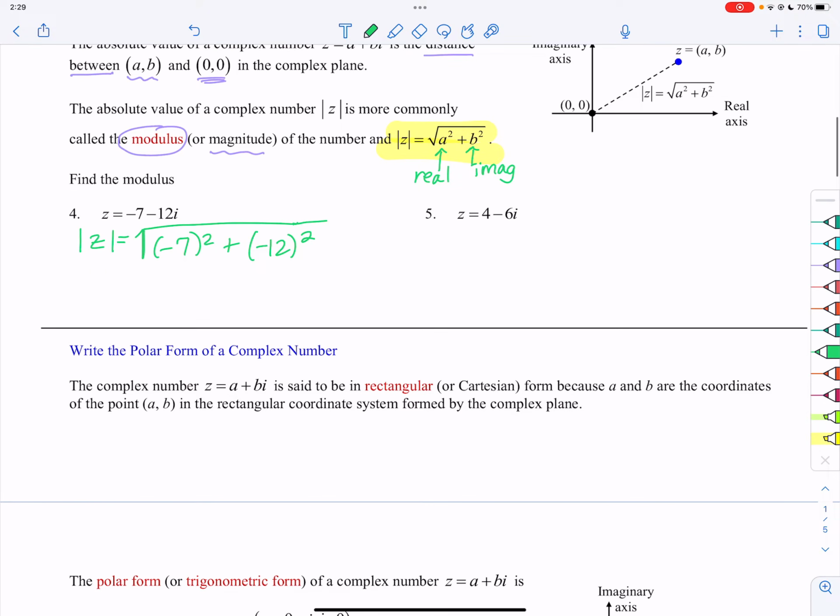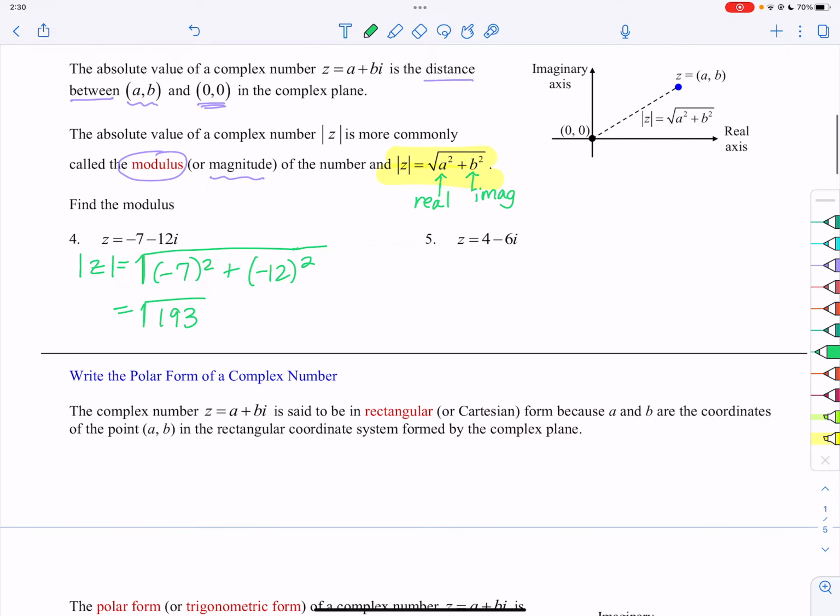And so that comes up to root 193. How about 4 minus 6i? That modulus is going to be equal to the square root of 4 squared plus 6 squared, or -6, excuse me. It's not going to make a difference because we're squaring it. And of course, we come up with 2 root 13.